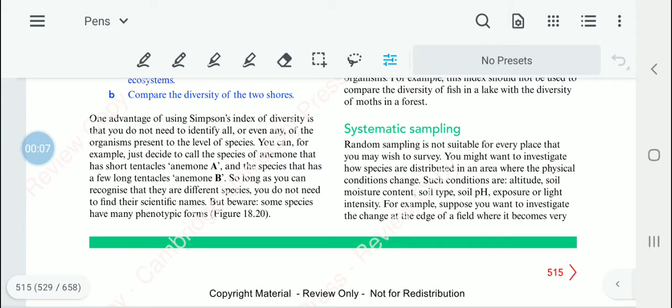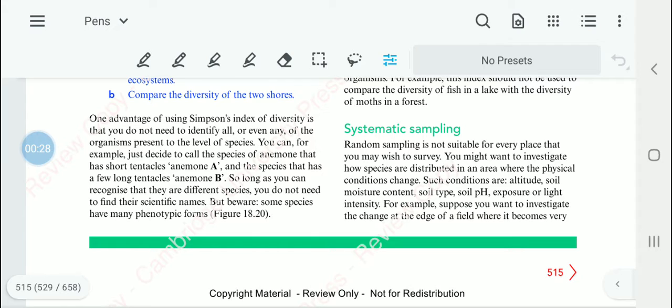Now we learned how to use Simpson's index of diversity. The advantage of using Simpson's index of diversity is that we don't have to identify all or even any of the species that are there in that sample.